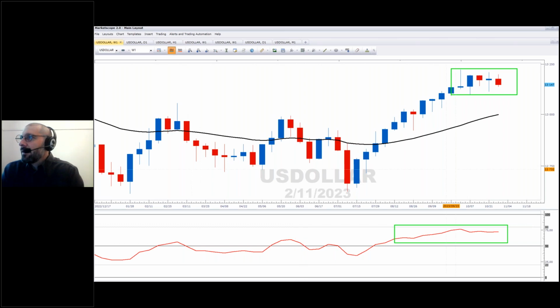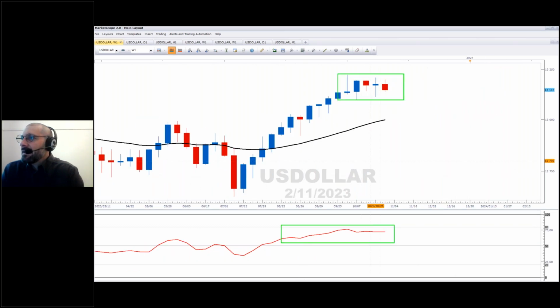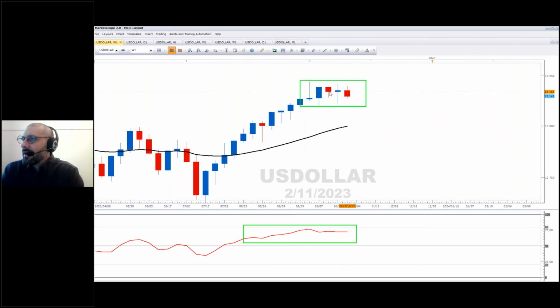All right, so what we can see here is that we've got the sideways movement. What would be interesting, let's just take this rectangle out. What would be interesting here would be a reference candle in the US dollar, so something like this.